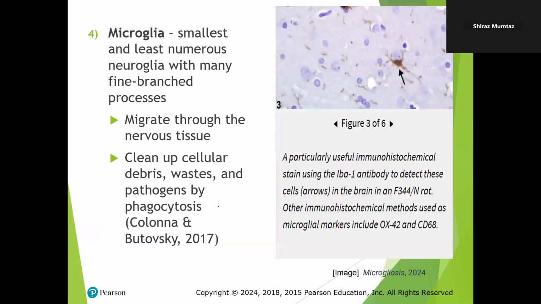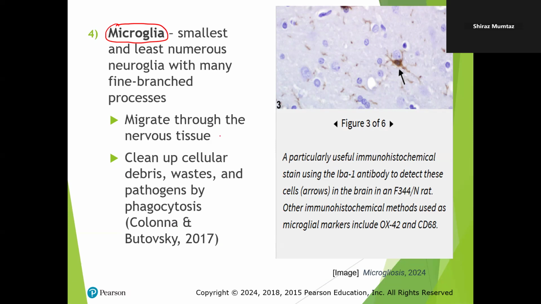All right, now comes the microglia, not the last, but the least numerous. The microglia are the fixed macrophages of the central nervous system. They remain there and do not go out into the blood at all.